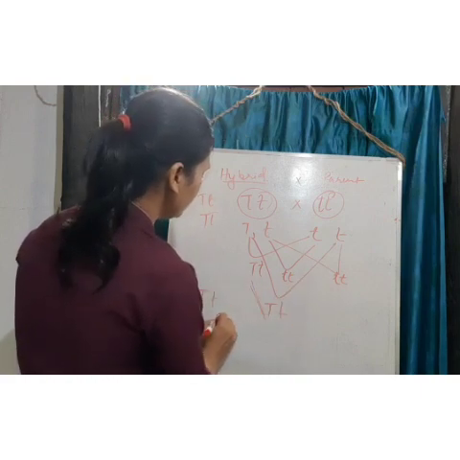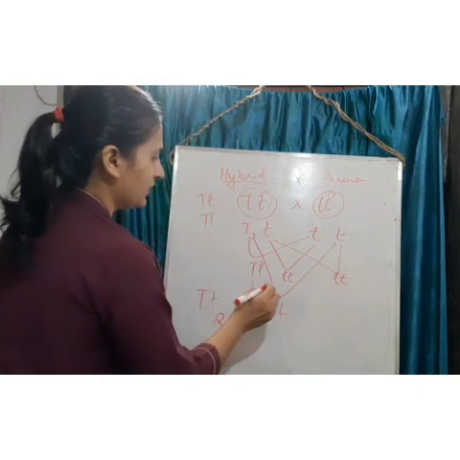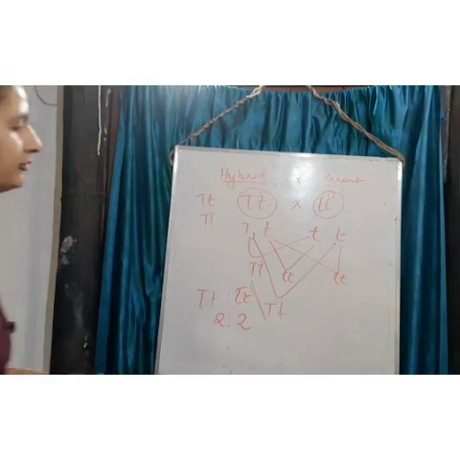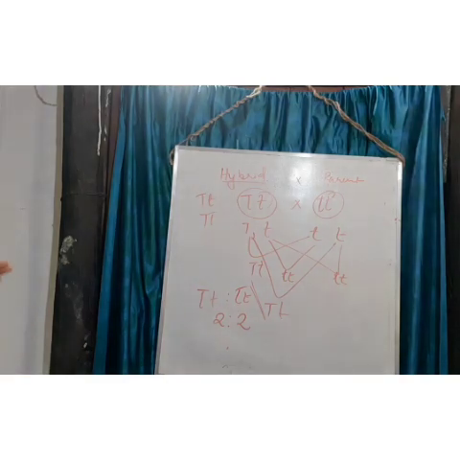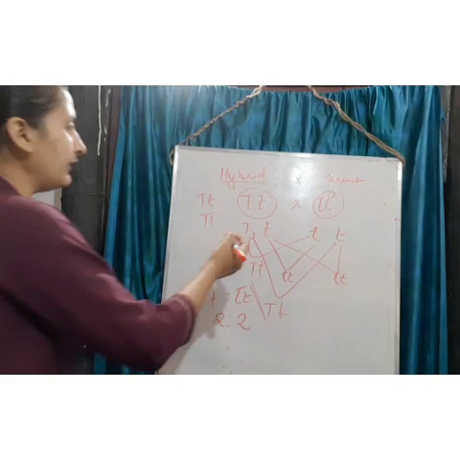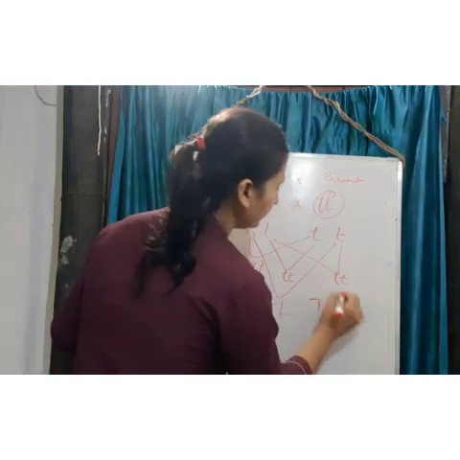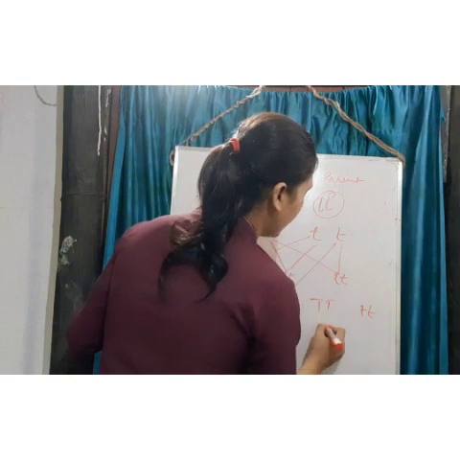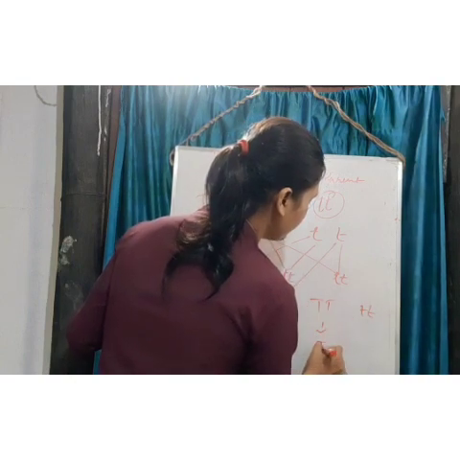It means 2 tall, 2 is to 2, you can say, and homozygous dwarf. So this is how they got to know the composition by doing a test cross. And if it is capital T, if they are taking the pure tall and pure, then the result will be your T.